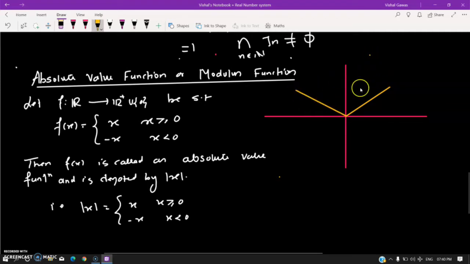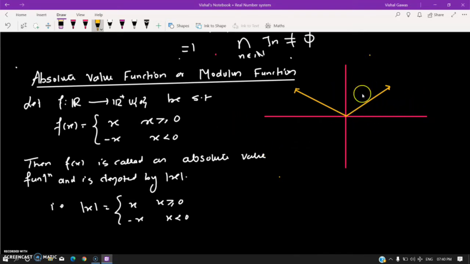So this would be my graph. My graph is not proper, but I hope you can make sense out of it. It's exactly like a V.